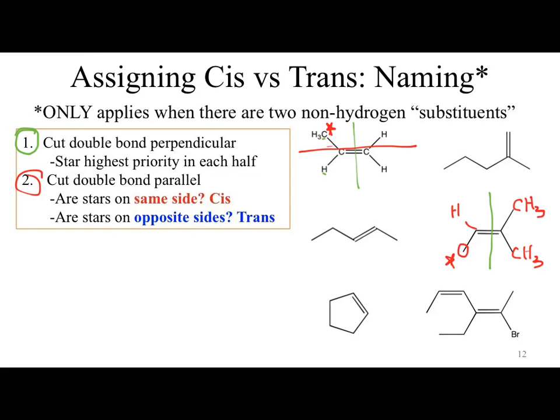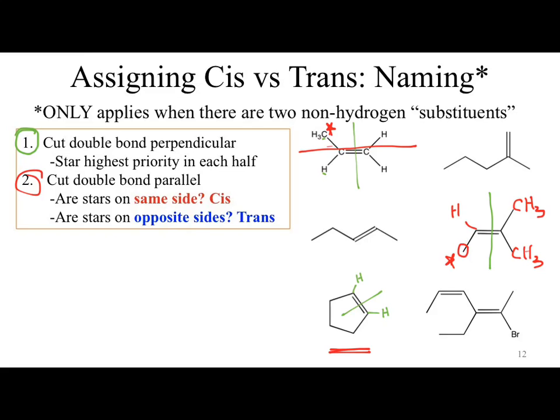Okay. Let's take a look at this structure. So we'll go through and evaluate again. We'll cut our double bond perpendicular and evaluate the pieces on either side. As can be helpful, let's go ahead and add our hydrogens. So let's take a look at the top side.